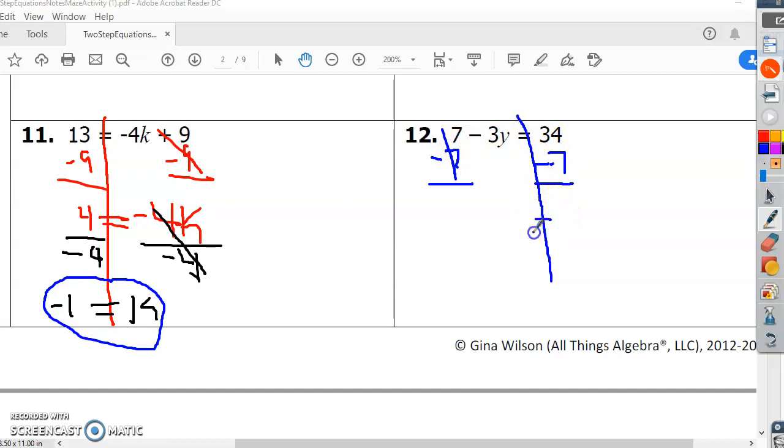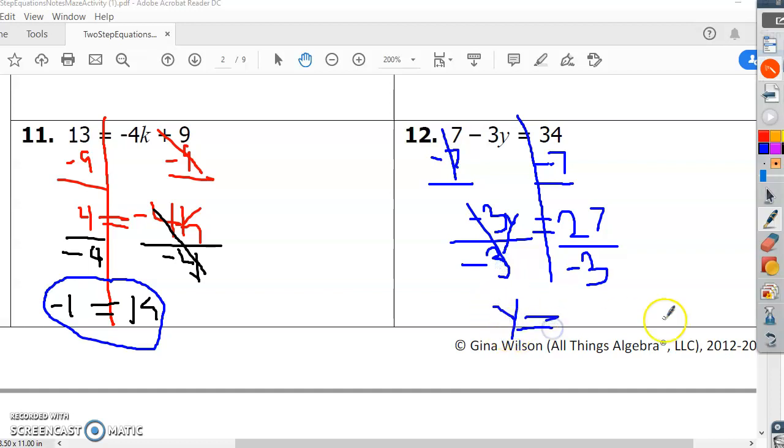And make sure you bring down what you have. So I have negative 3y left over, and 34 minus 7 is 27. And now I'm ready to divide by negative 3. Whatever I do to one side, I do it to the other, and y is equal to negative 9. Positive divided by negative is a negative, and that checks.